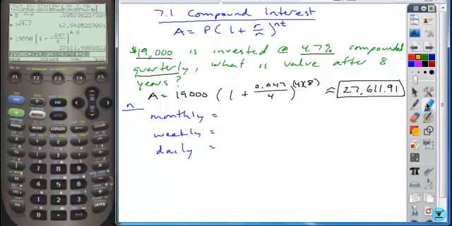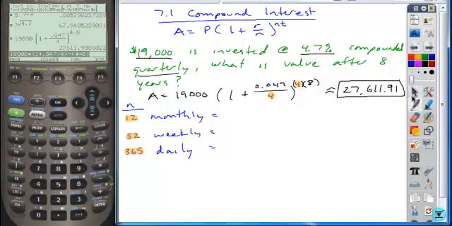You should be able to see the only difference in all of these calculations is we replace the n value, which in this first case is just these two 4s, with the corresponding n value for each of these. And if we go back to that, the monthly has how many compoundings? 12. Weekly is 52, and daily would be 365.